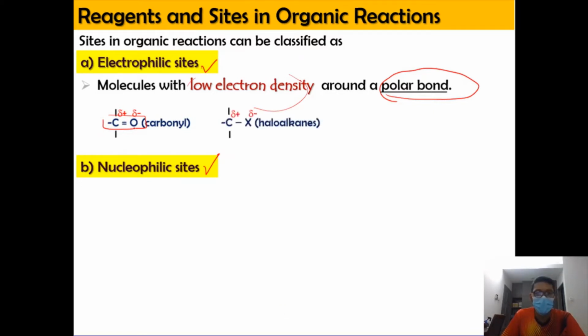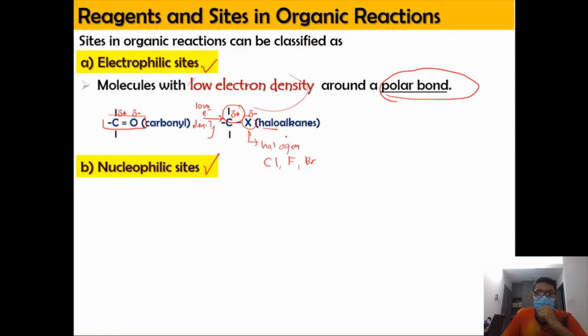Also, we have haloalkane. Haloalkane here, X is going to be a halogen. Examples of halogen are chlorine, fluorine, or bromine. So the halogen here is a very electronegative atom. It is going to pull electron density towards itself, causing the carbon to be partially positive. So here is going to have low electron density.